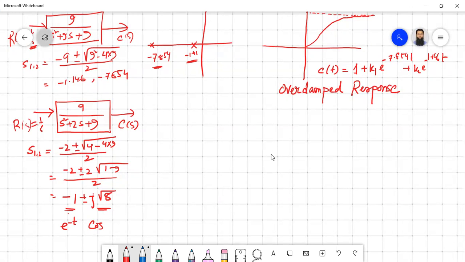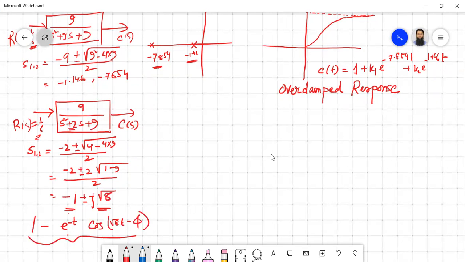So you can actually write in terms of cos omega t, sine omega t, then summarize to find out one particular value. So we will have something like root over 8 t minus phi. Okay, so this will be your nature. And don't forget, this is only because of the system poles, not for the step response. So for the step response, it is 1 minus something like this.